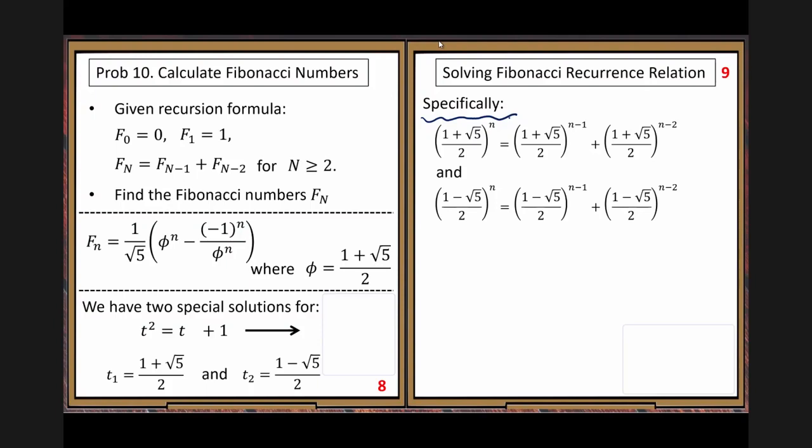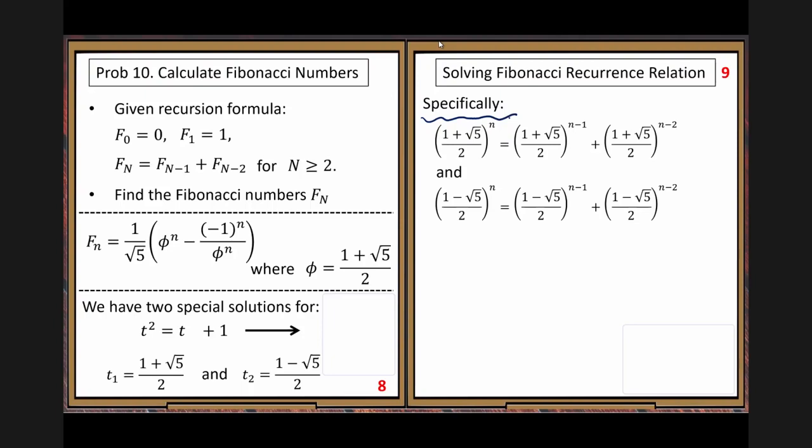Remember the long name: second order, linear, homogeneous recurrence relation with constant coefficients. In this long name, there is one critical word we can use: linear.